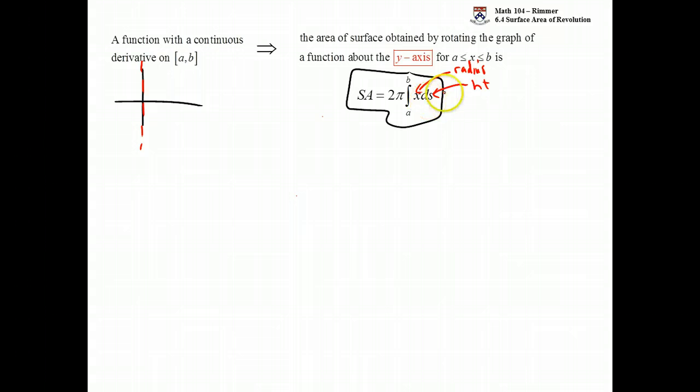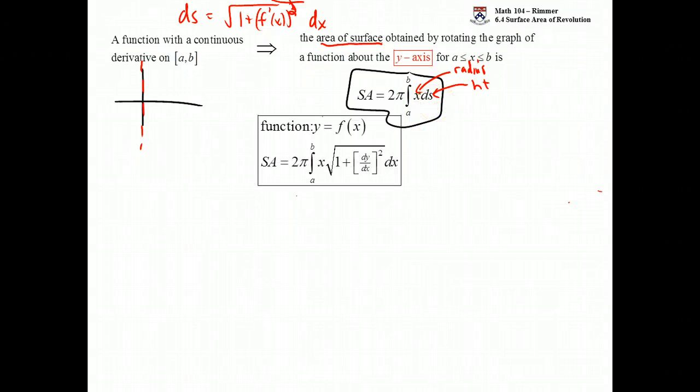This is the piece of arc length. ds is always going to be the square root of 1 plus your derivative squared, and then in this case dx. If it's in dy, then we just change it slightly. So when you revolve around the y-axis and you want to find the area of the surface, this is your generic formula, and then it depends on how things come at you.